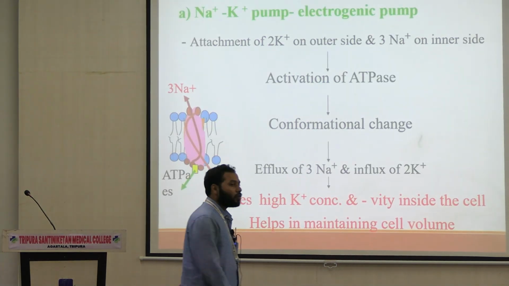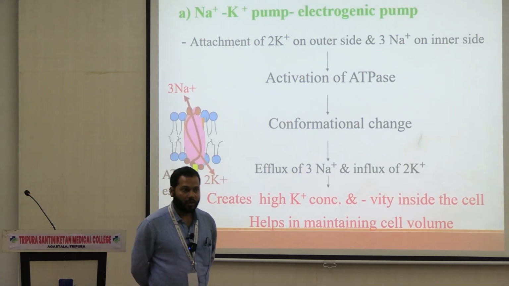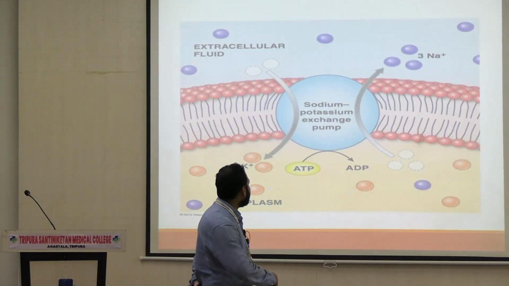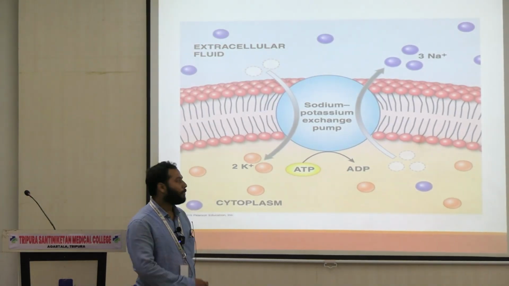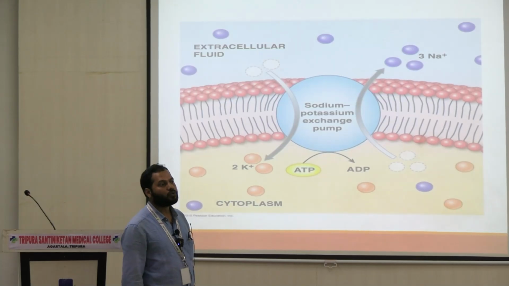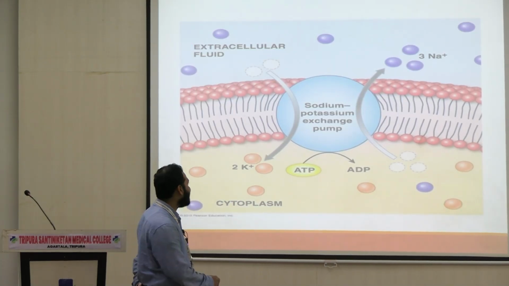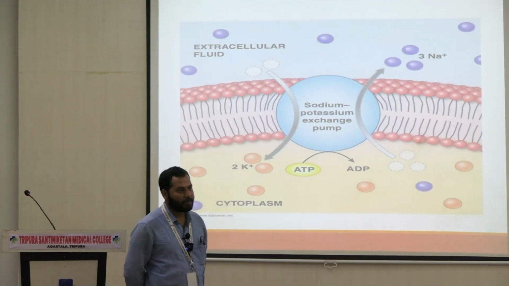So how does this sodium-potassium pump actually act? This is the sodium-potassium pump, called the sodium-potassium exchange pump, right? The specialty of the sodium-potassium exchange pump is that it has specific binding sites for both the sodium and potassium ion.